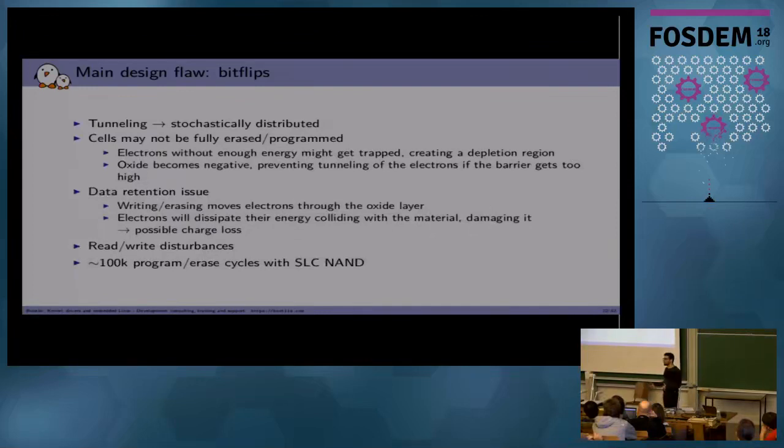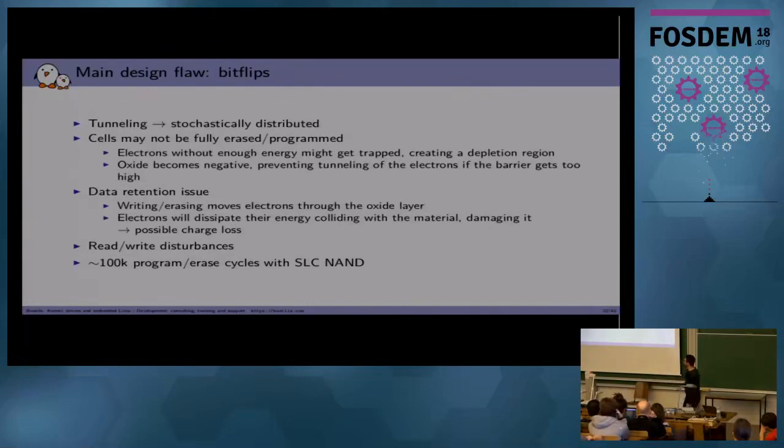A few words about bit flips. It's when you expect one logical value and actually you get another one. The Fowler-Nordheim effect is quantum mechanics, so it's stochastically distributed. It means chance comes into the equation, and you cannot know exactly how many electrons you will have in your floating gate.